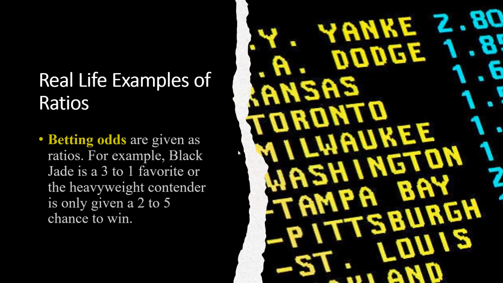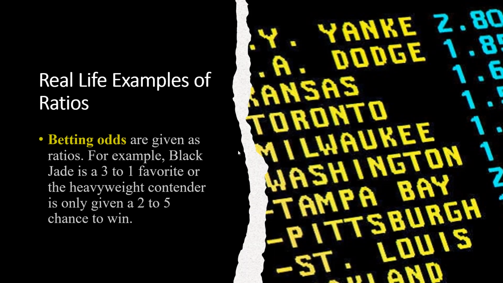But what if we say the heavyweight contender is only given a 2 to 5 chance to win? What does that mean? He's got a 2 to 5 chance of winning. Very good.